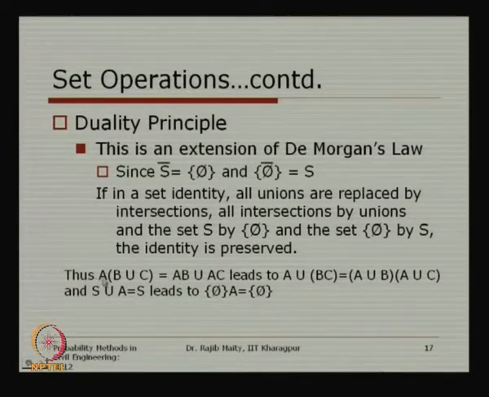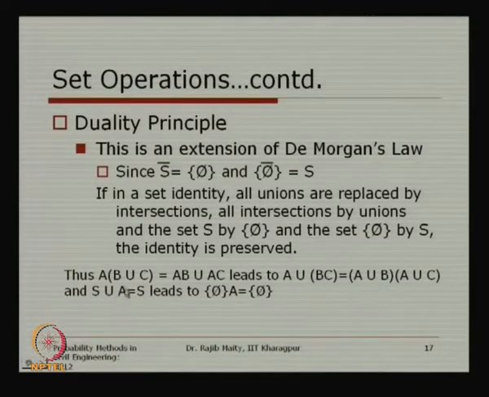Using this, A intersection B equals A B, which we just showed in the previous slide. Simply changing the intersection to union and union to intersection on both the left-hand side and right-hand side, we get another identity which is also preserved. Then S union A is equal to S, obviously the full set.